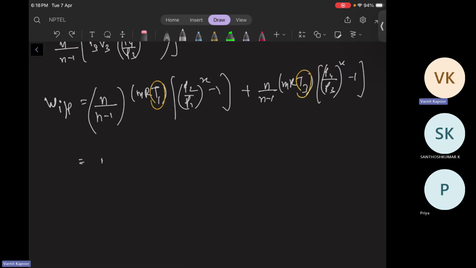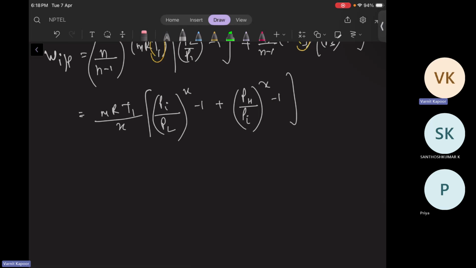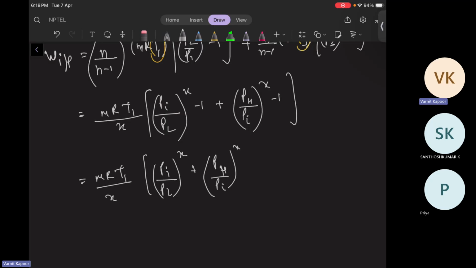This can be written as mRT1 taken common, by x, times P2, which is your P intermediate, over P1, which is your P lower, power x minus 1, plus P4, which is your P higher, over P3, which is your P intermediate, power x minus 1. All right, so this minus 1 can be written as minus 2 altogether: mRT1 by x, times Pi by P lower power x plus P higher by Pi power x minus 2.